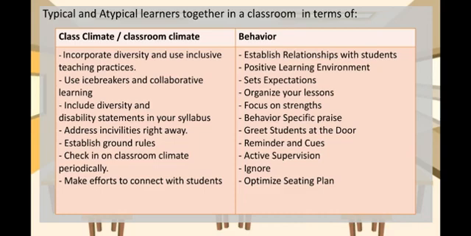Next is to establish ground rules. This is to give rules, especially rules that are really needed in your classroom. It is important, especially if they have classmates with disabilities, so they can be trained and practice good behavior inside and outside the classroom.